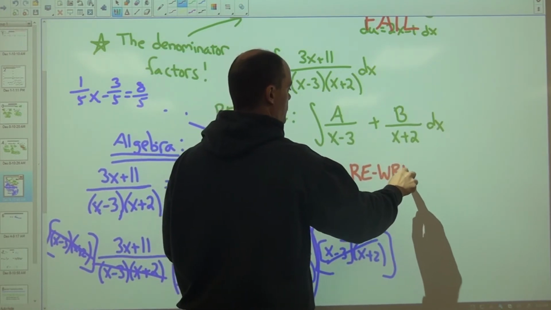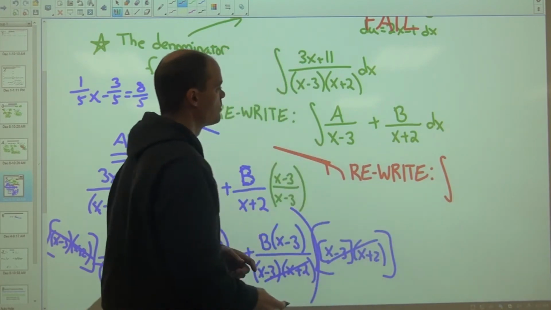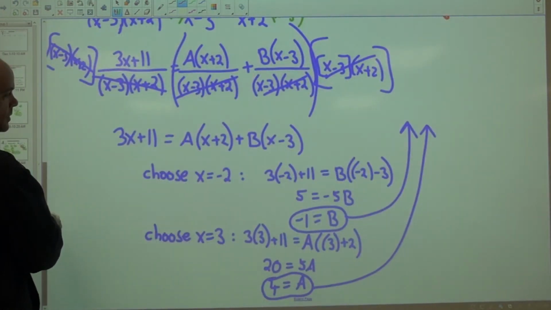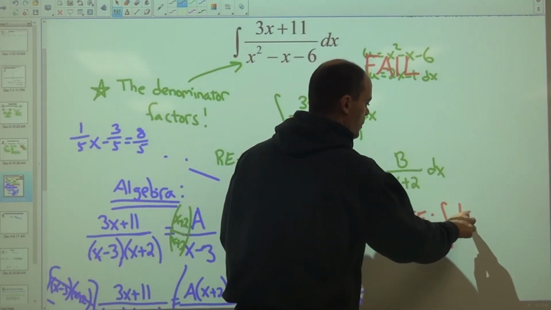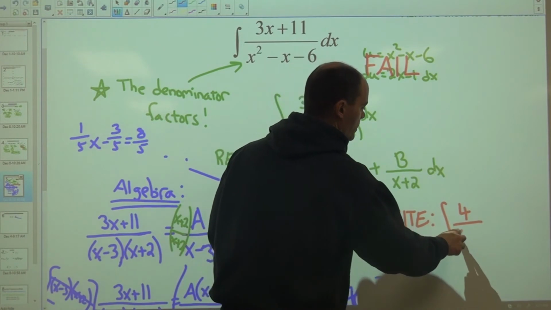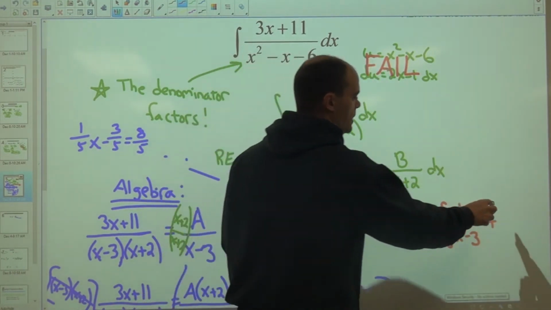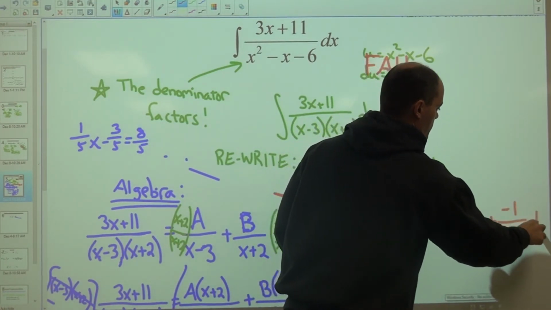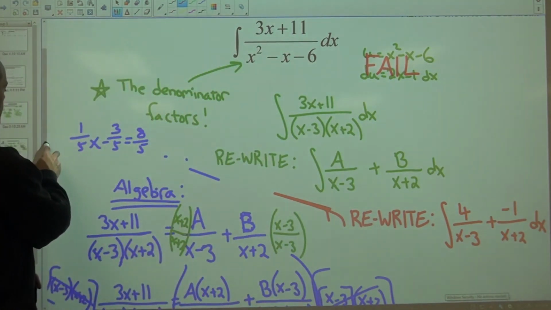Rewrite one more time. Now I know a is 4, b is negative 1. So I'm going to put a 4 in for a, plus, I'm going to keep it addition and throw a negative 1 right there, dx. And all of that algebra saved the day.